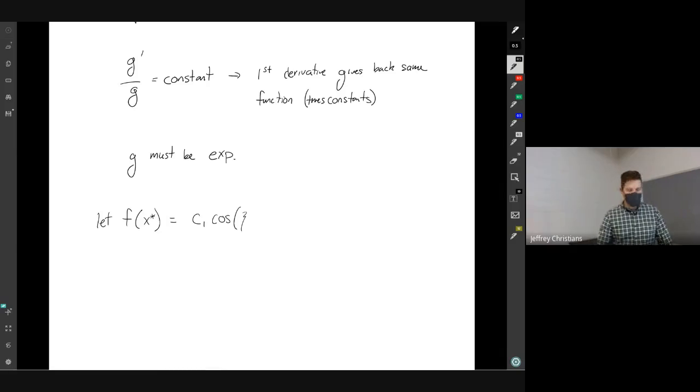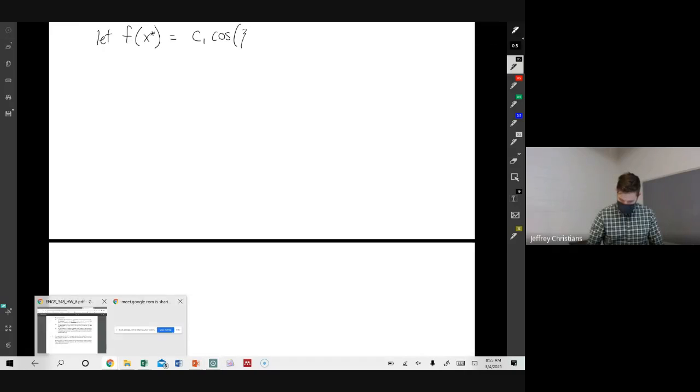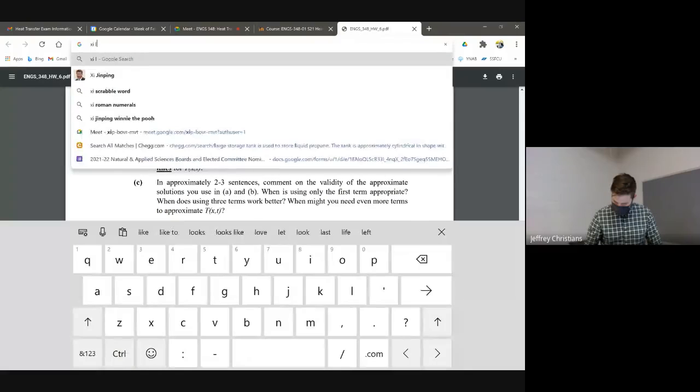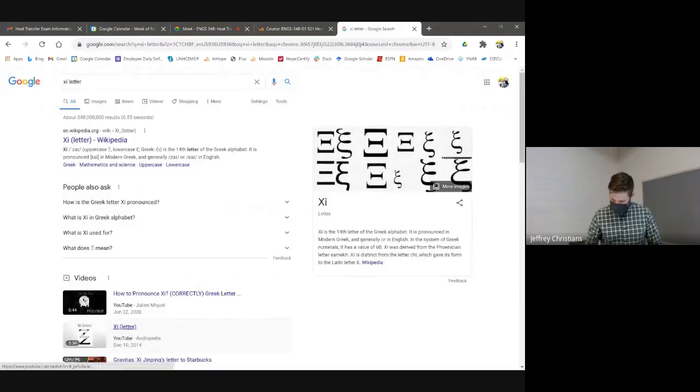This is like a funky squiggle thing. This is the Greek letter, it's kind of a fun one to say, xi. It's kind of like a backwards 3 with a funky leg to it. Here, let's go and look up, just so that you're not like, yeah.